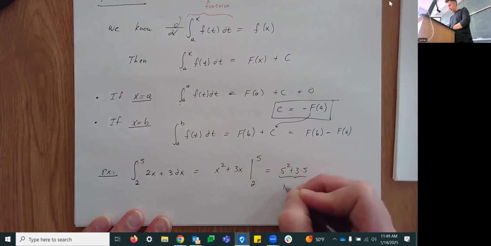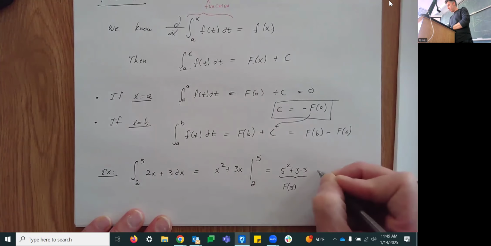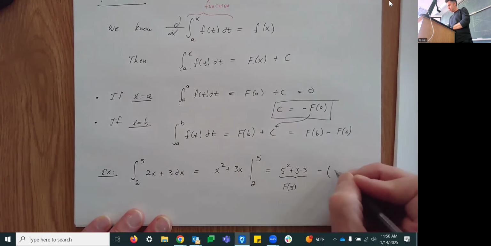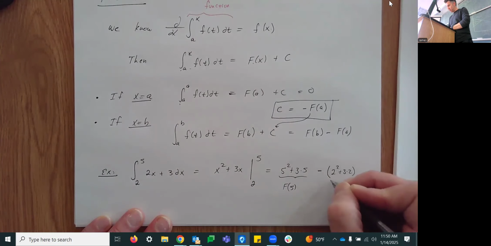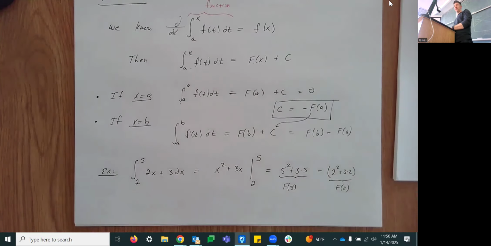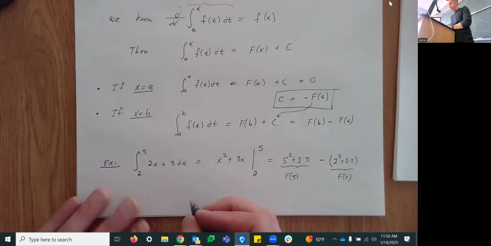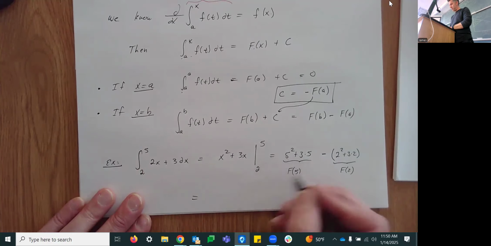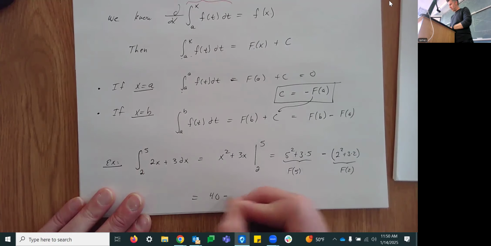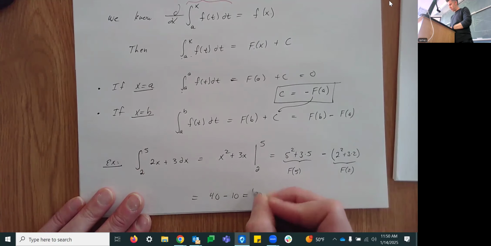That's my capital F of 5 minus my 2 squared plus 3 times 2. That's my capital F of 2. My antiderivative evaluated at whatever point I'm plugging in. And then we can simplify this. It's going to be 25 plus 15 minus 4 plus 6, which ends up being 30.